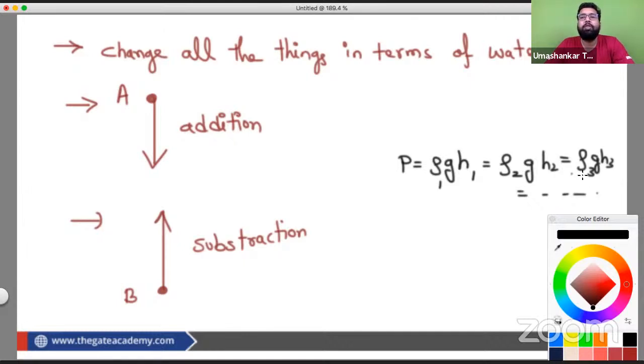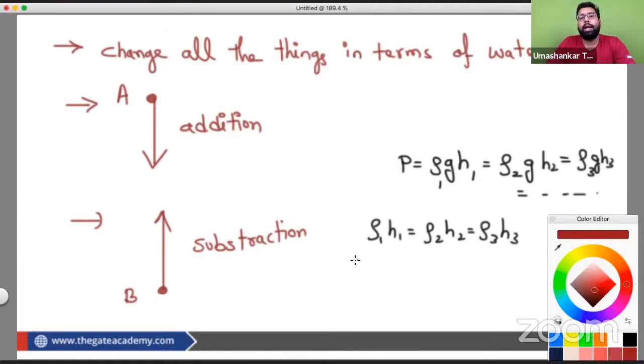Now every h will be different, because you are changing the density. Now from here, for a given pressure, we can write like this also: rho1 h1, rho2 h2, rho3 h3, right?